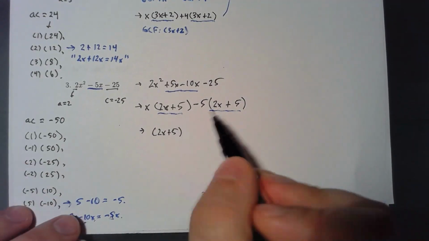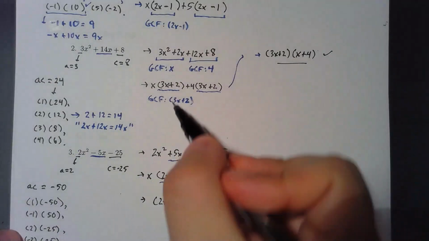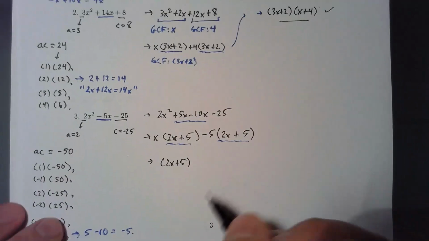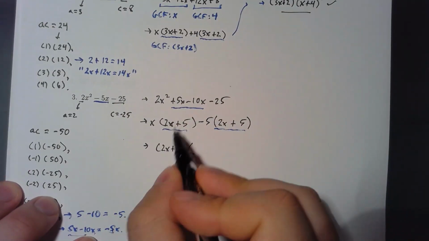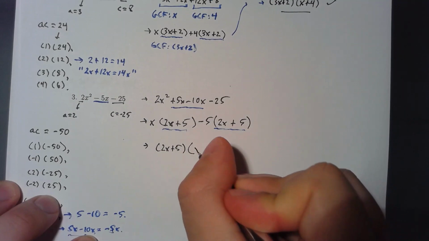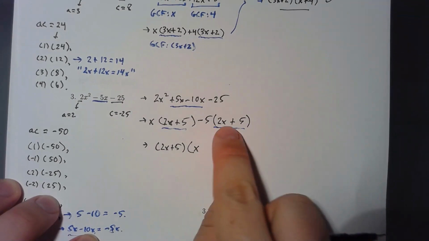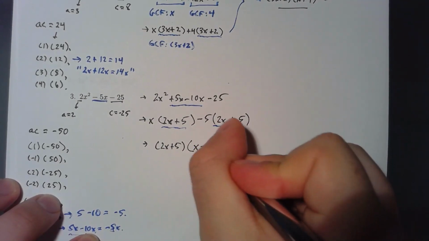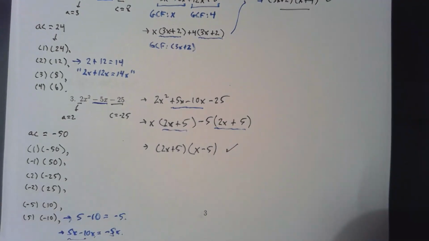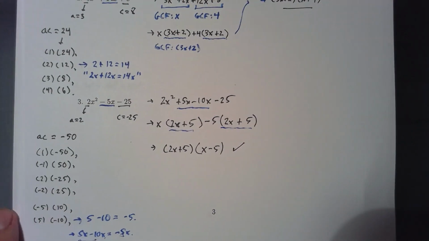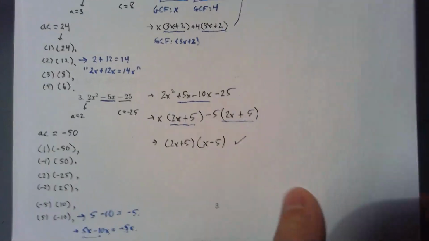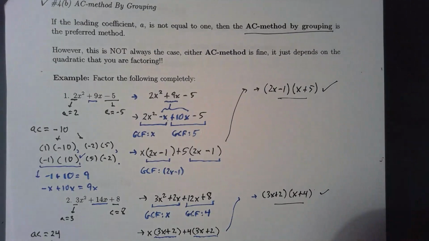Notice how when you do it enough times, you don't have to write all the details out because you start to understand it. When you factor that out of this group, what's missing? The x. When you factor this out of this group, what's missing? The minus 5. And that's how you factor using the AC method by grouping.